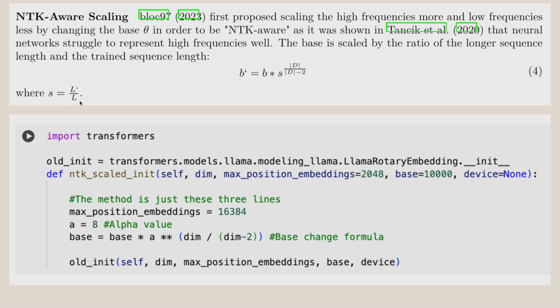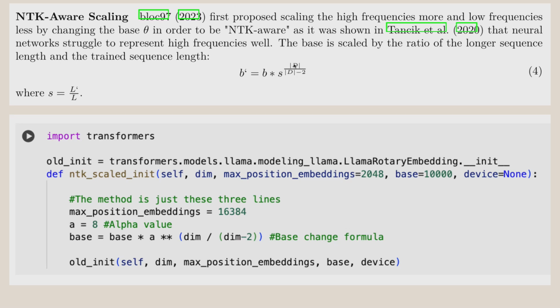So, in our case, it's 2048 for the Nomic embedding models, and L prime is 8192. So 8192 divided by 2048 gives you a factor of 4 as your S value here. And so you're raising S by an exponent value that's just very slightly above 1.0.